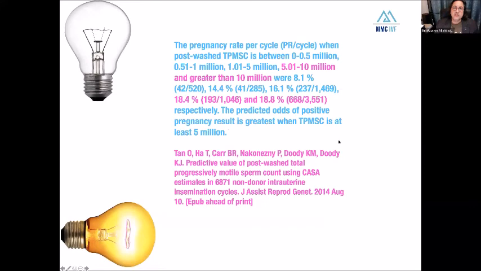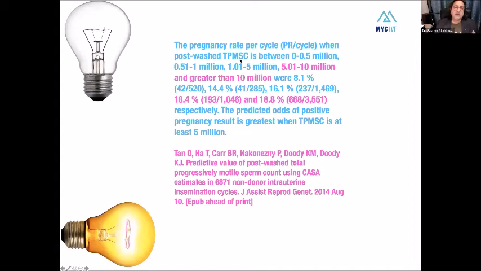Also, this is a wonderful slide, so as not to confuse you, just look at the words highlighted in pink, 5 to 10 million and greater than 10 million. We talk about pregnancy rates when the post-washed total progressive motile sperm count. So when is IUI, in layman's language, really going to give you results?